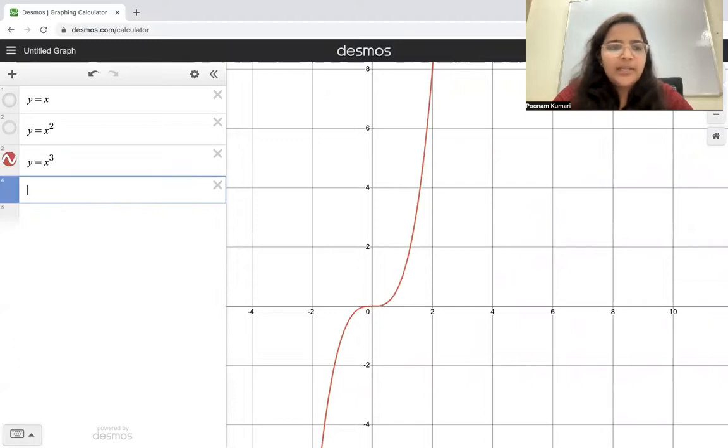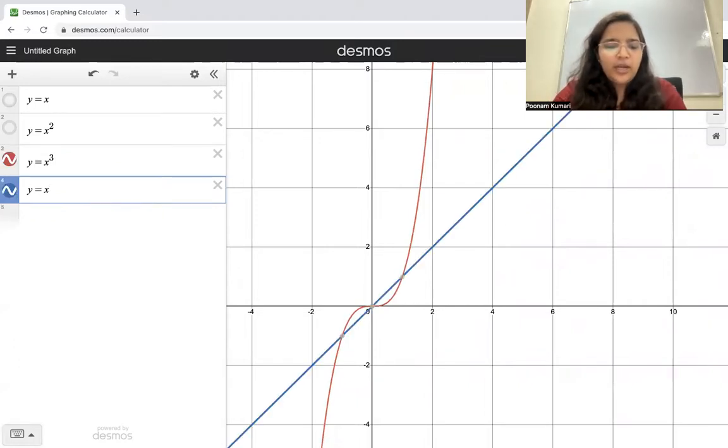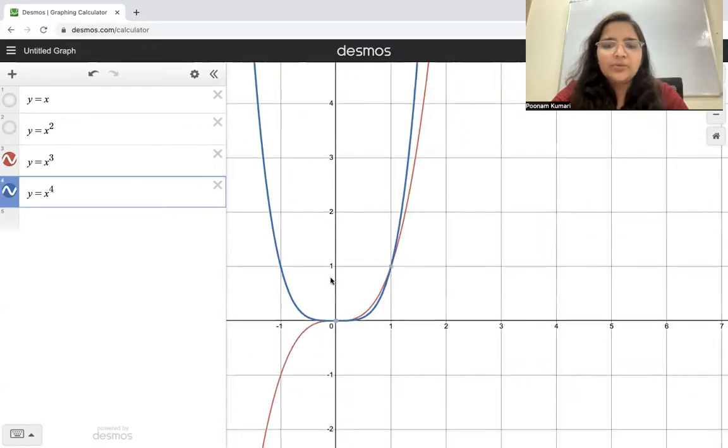ठीक है, similarly अगर आप देखो कि y equals x power 4, how does that look like? So that again looks something like this.